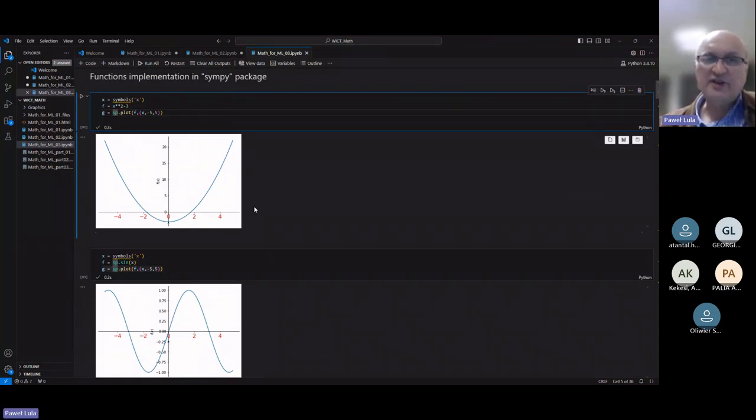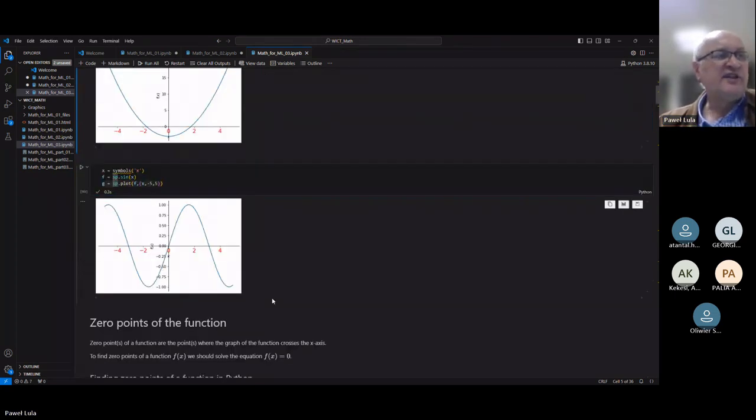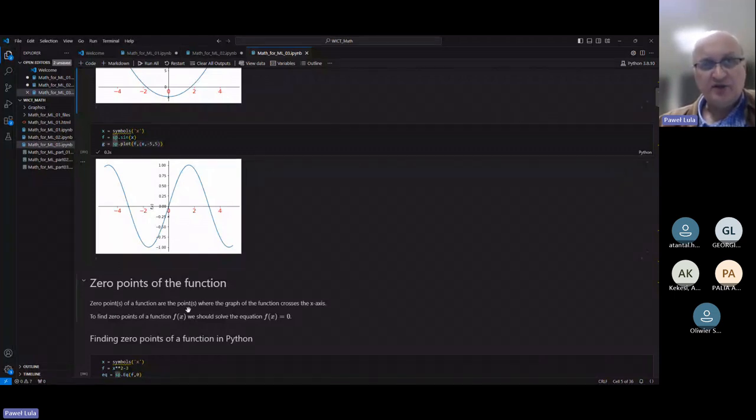Zero points of a given function are defined by x values, and for x we must have the value of this function equal to 0. Or we can define zero points in this way, which we see here.